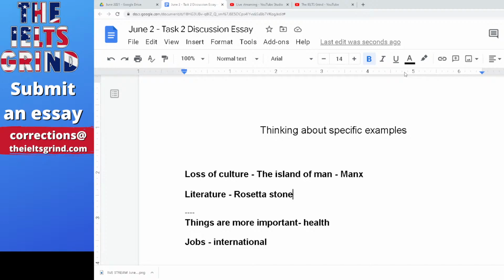And then in the 1930s, I think, they found this stone, which I think is actually in the British Museum. Probably shouldn't be in the British Museum, but it is. And it had Greek, it had Egyptian hieroglyphics, it had different languages all written. It was the same laws. And with this, they were able to translate between different languages.